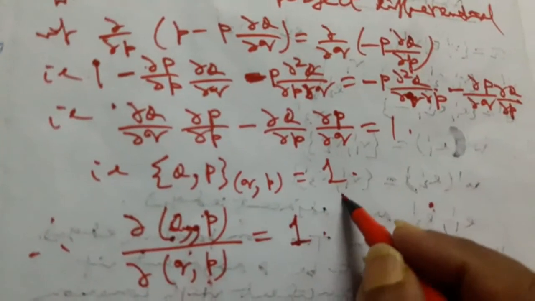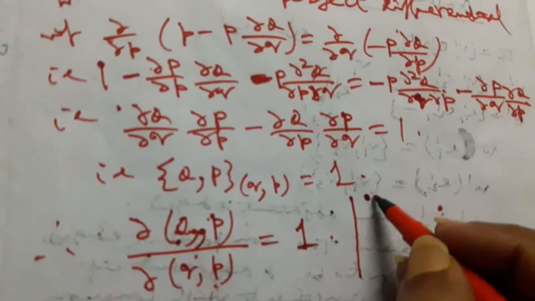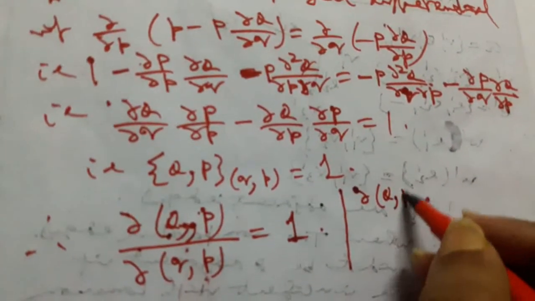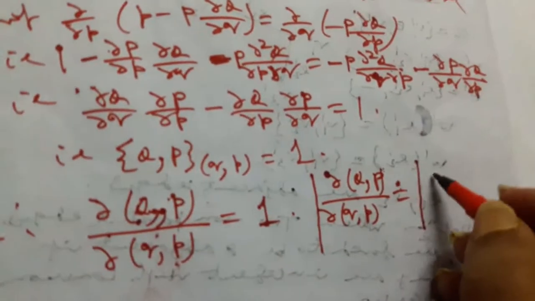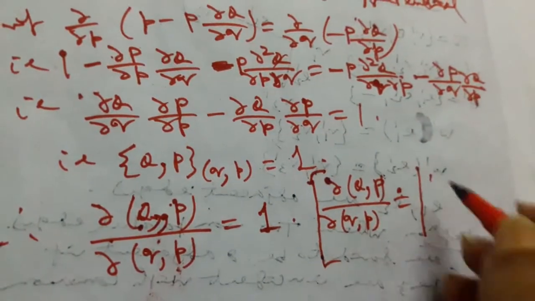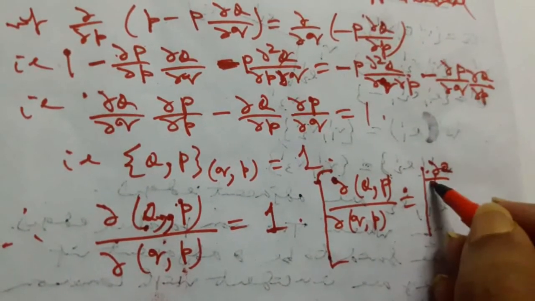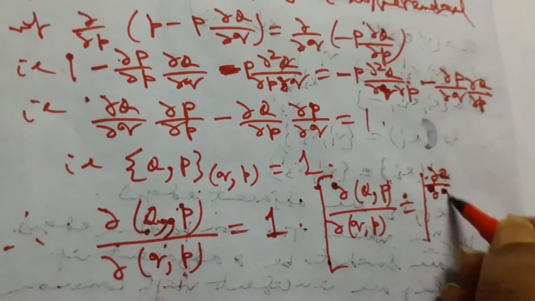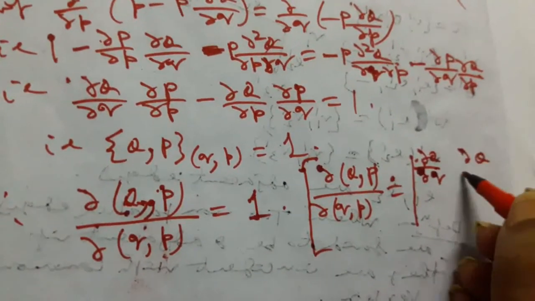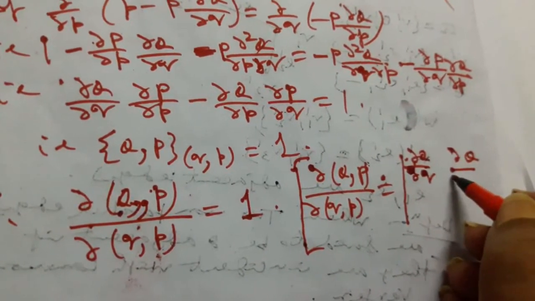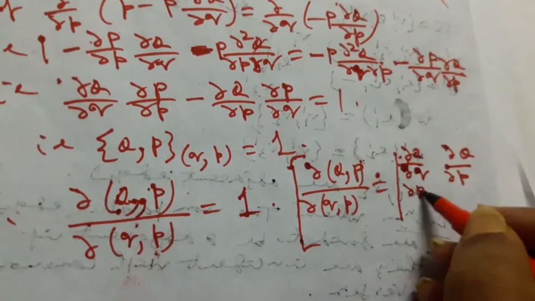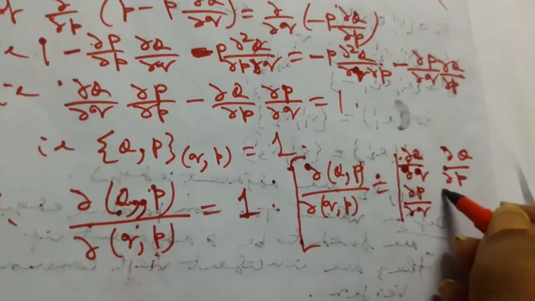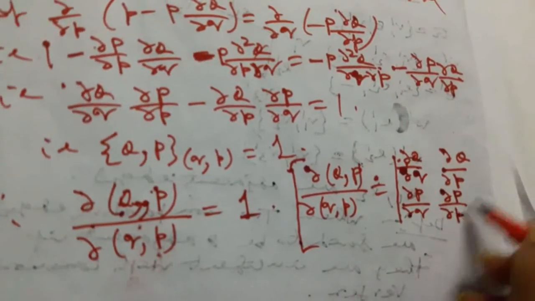If we break this property of the Jacobian determinant, we can already find it here: the Jacobian of (Q, P) with respect to (q, p) will be the determinant of del Q del q, del Q del p, del P del q and del P del p.